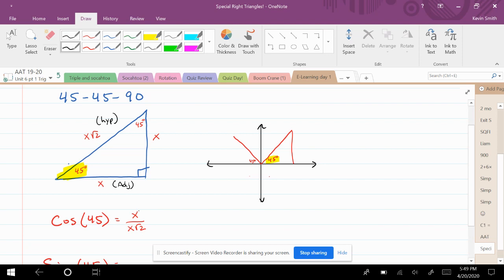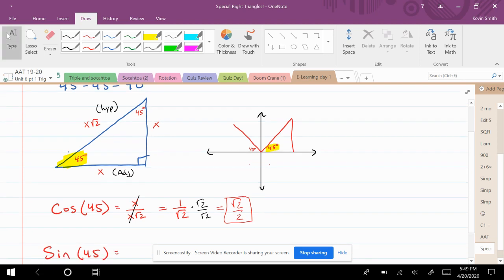And then the x's will, of course, divide out to be 1. So we end up with 1 over the square root of 2. Then we need to rationalize, multiply top and bottom by the square root of 2 over the square root of 2. So we end up with the square root of 2 over 2. Root 2 over 2 is the cosine of 45 degrees.